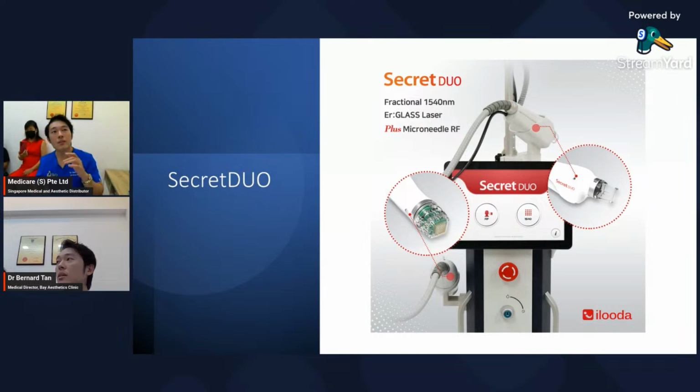Okay, so today's sharing session is about the SecretDUO. It's an RF microneedling device combined with an erbium glass non-ablative fractional laser. I think this is the latest generation of the well-established Secret RF system, which has been in the market for about 10 years or so.